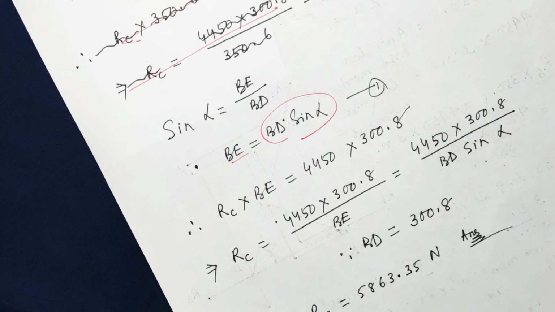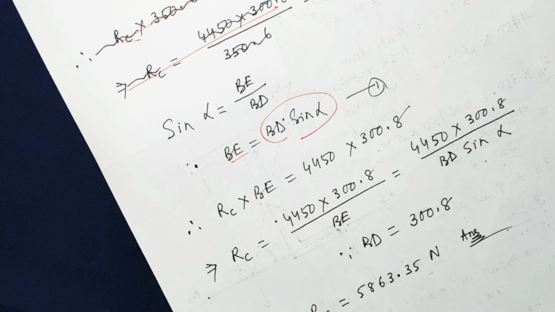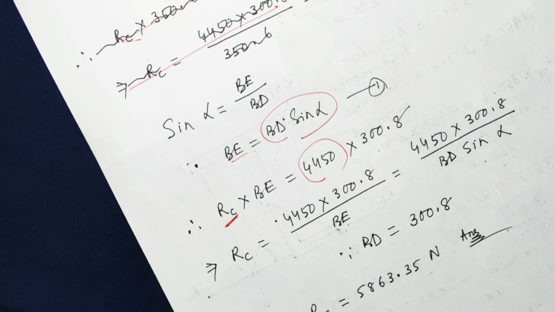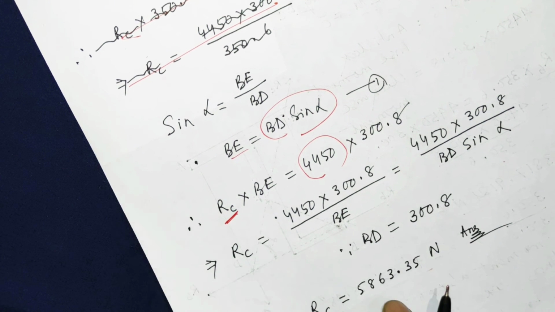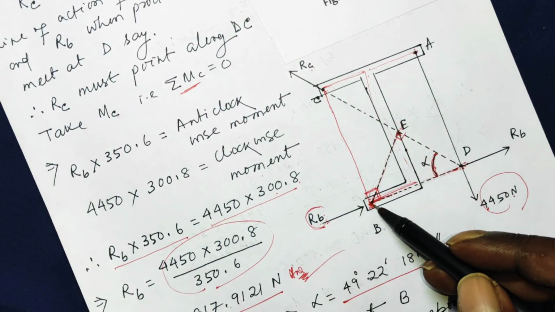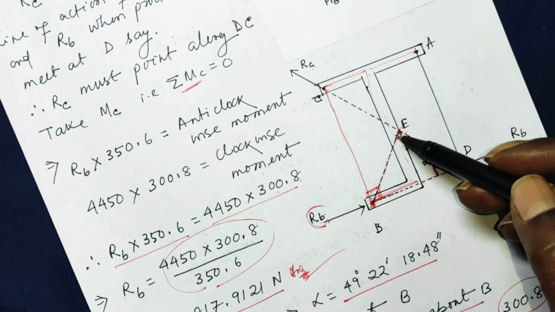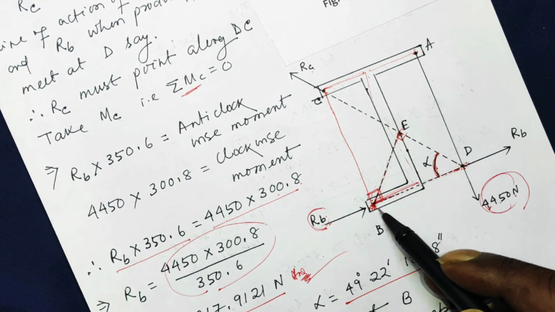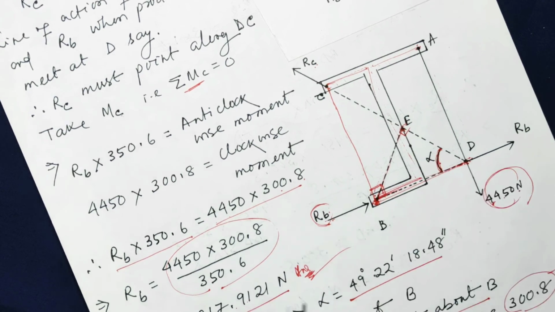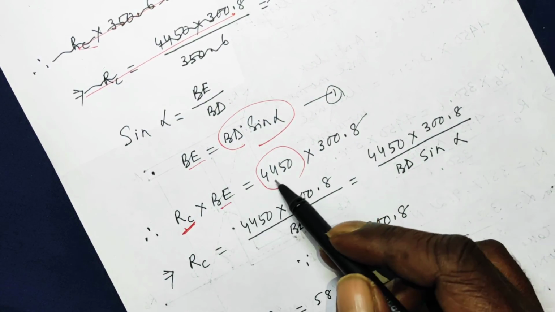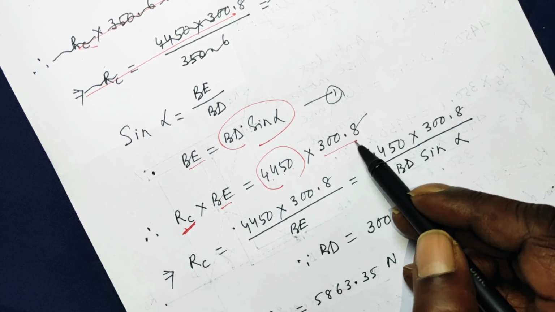So now let us take the moment of the load and the reaction force about the point B. So RC times BE will be 4450 Newton times BD. So that is what I have written. RC times BE is 4450 times this.